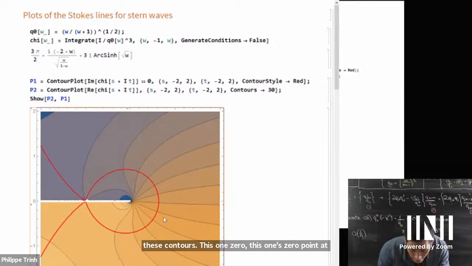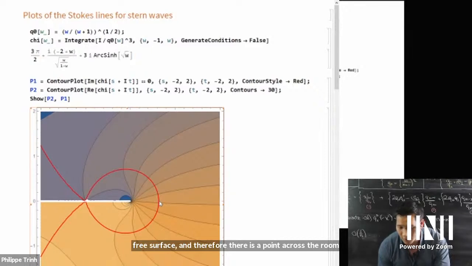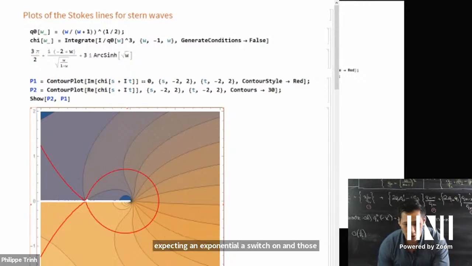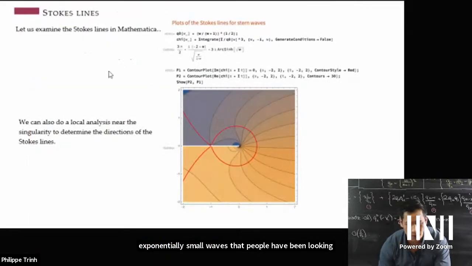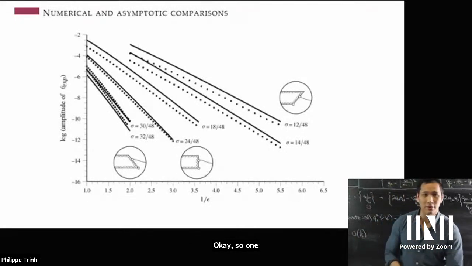I notice the numbers are getting bigger, so that tells me that the Stokes line goes in the positive upper half plane and loops around. This axis on the right, the positive real axis, is your free surface. Therefore, there is a point across the free surface where you're expecting an exponential to switch on. Those are the exponentially small waves that people have been looking for for many years. Okay, so one can do numerical and asymptotic comparisons of this problem.